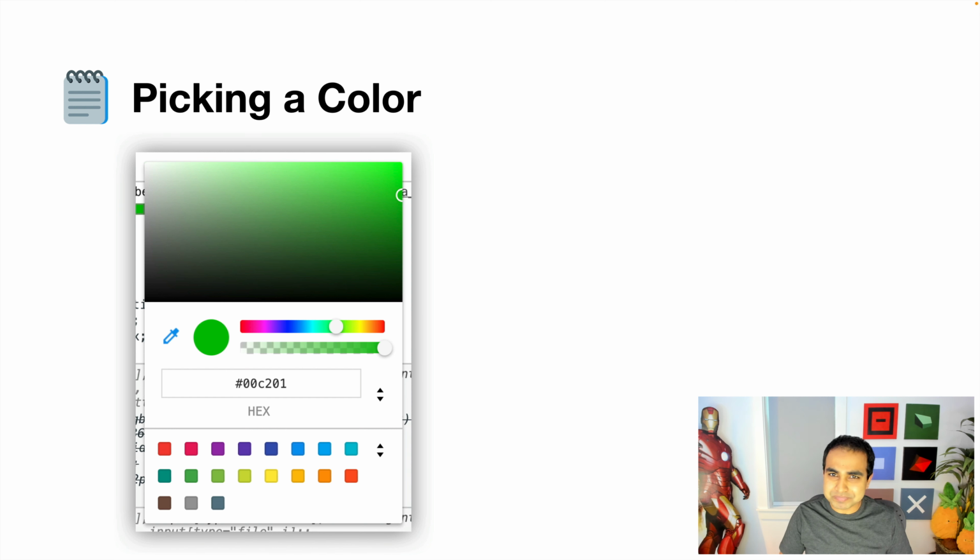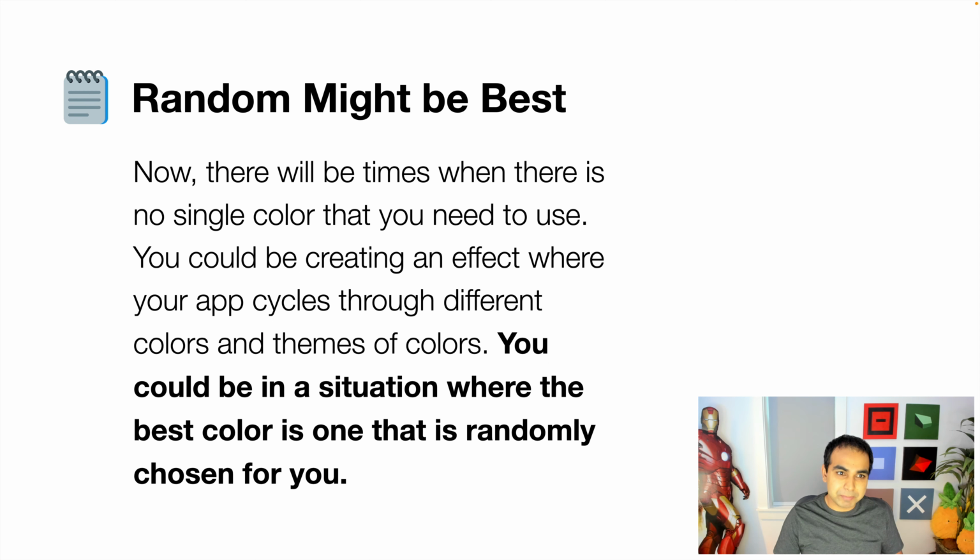In this case, this is the color picker that showed up when I was in the CSS panel filling in the color value for something. And so when we specify a color that's predefined, we have an idea of exactly what we want, and that's what we ultimately pick.